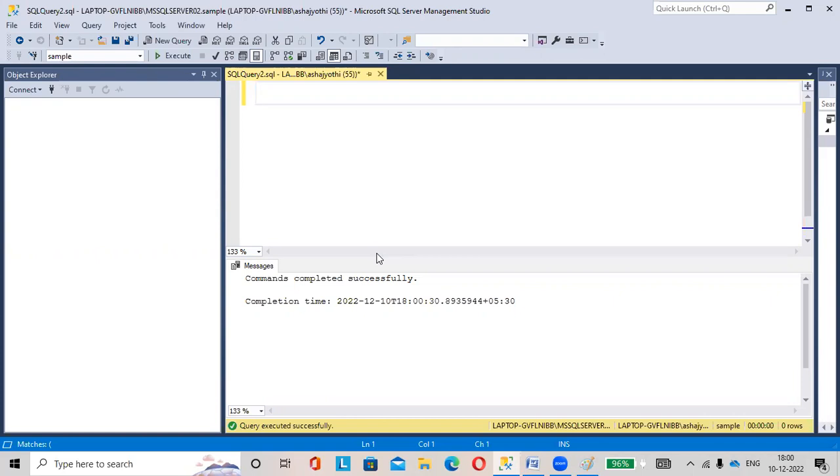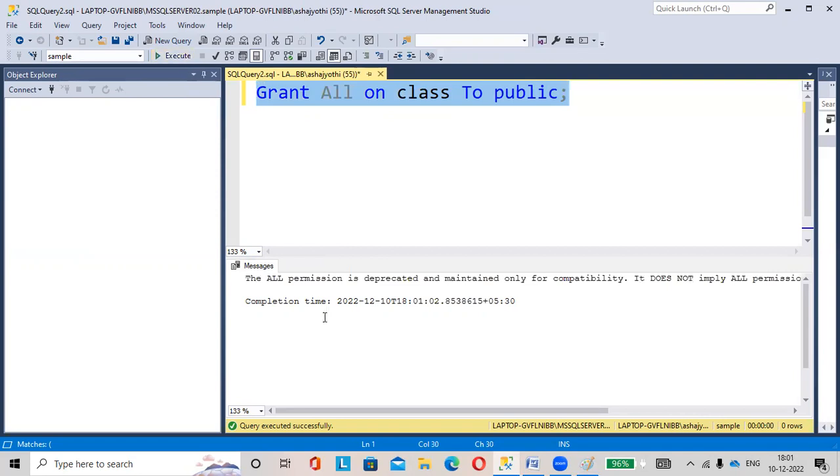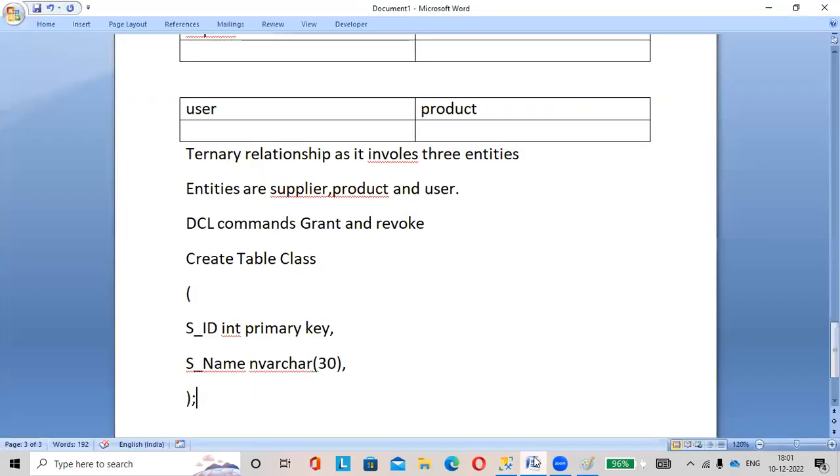Now we will use the grant command. Grant all on class to public. Control A, execute. Command is successful. This is how we can grant the command to the users.